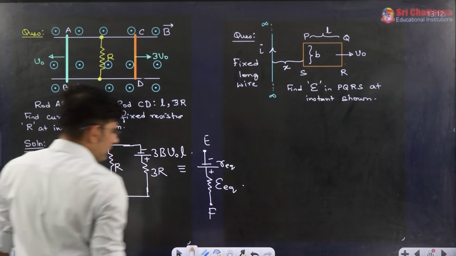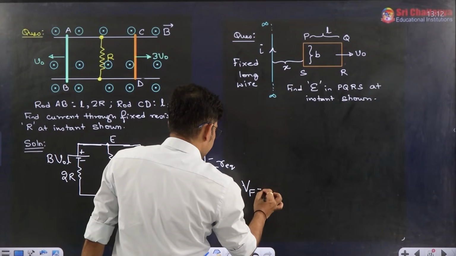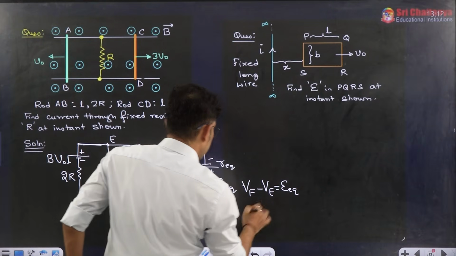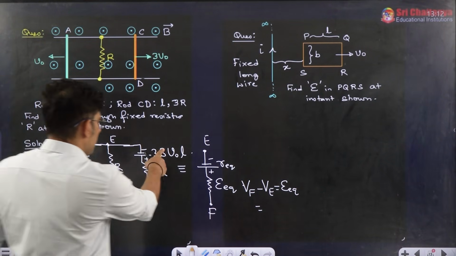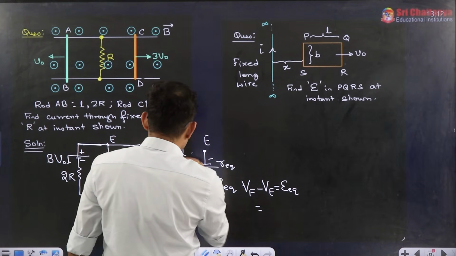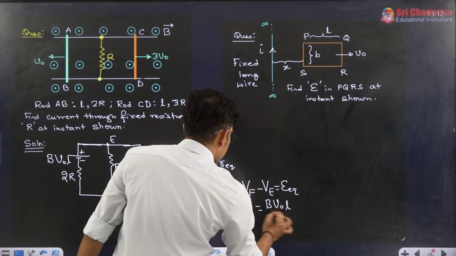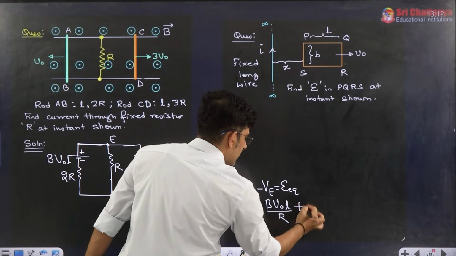So what you will say, F is at higher potential, so VF minus VE will become equal to E equivalent. What is E equivalent? Put the value: E1 by R1, so this will become B V naught L by R. Here we don't have any EMF, 0.